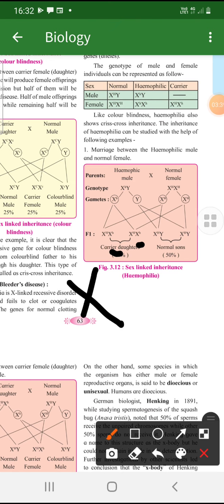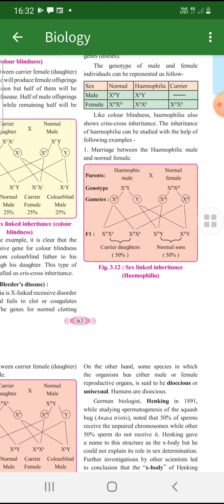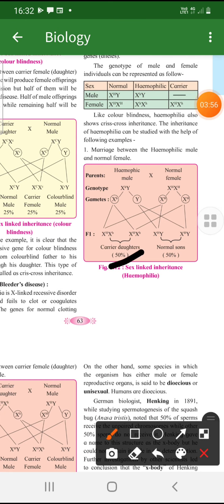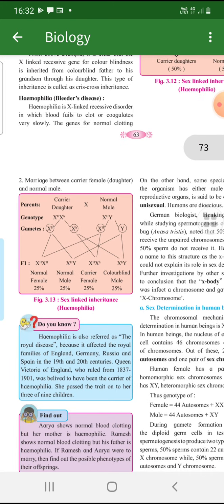Both were not having the disease. If a daughter is like this, small h, small h, then she is hemophilic. But this condition was not observed. Okay, the daughter was just the carrier. So she was a carrier, and then from grandfather to grandson, that is how the disease got transferred. So make sure you do the cross and send it to me.